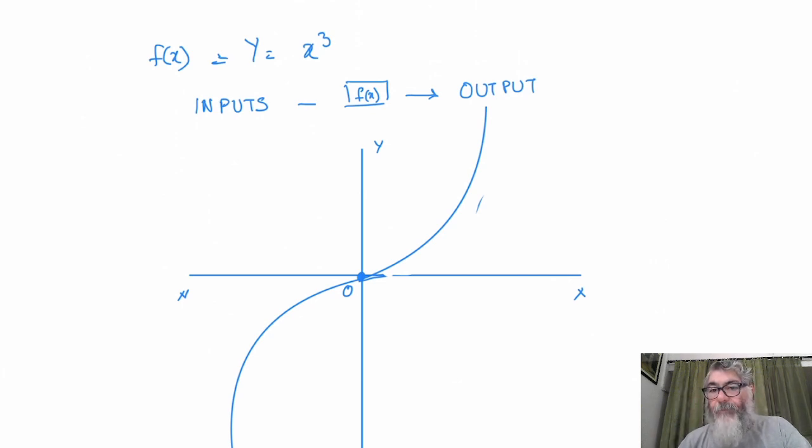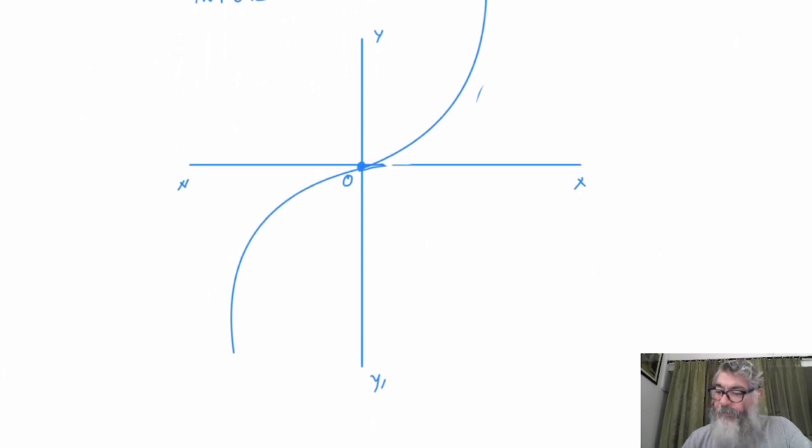It is moving up towards infinity, and down also it is going towards infinity. So you get positive as well as negative values. So y is equal to x cube, this is the graph you must remember.